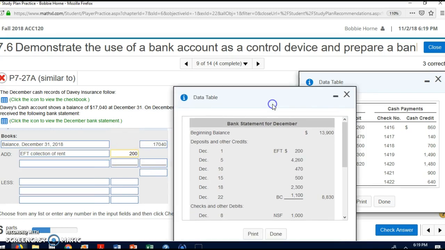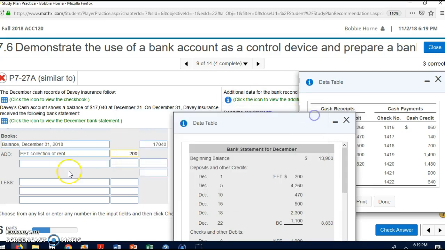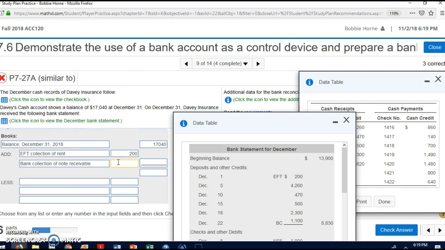And then the bank collected $1,100 of a note receivable for us, so we need to record that for $1,100.